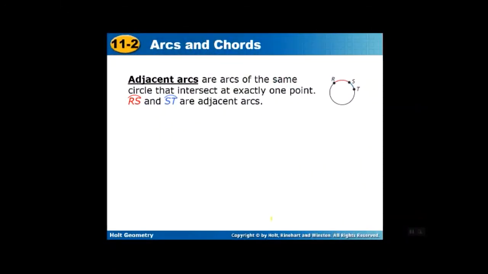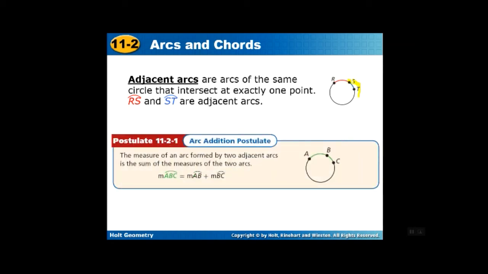Now, what do adjacent arcs mean? Adjacent arcs are arcs of the same circle that intersect at exactly one point, which is here S. The arc RS and the arc ST intersect at the point S. So the measure of an arc formed by two adjacent arcs is the sum of the measures of the two arcs.